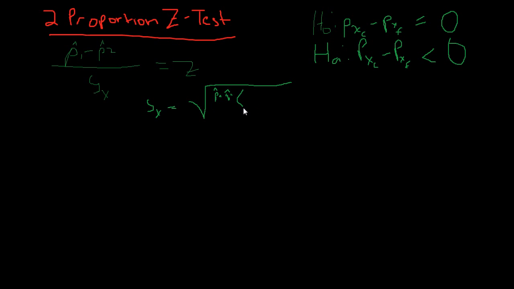So, 1 over n1, which is the sample size of the first sample, inverted, plus 1 over n2, which is the sample size of the second sample, inverted, all square rooted. Just square root of all that.